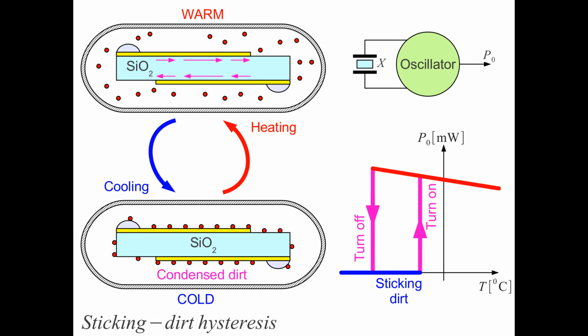So what happens with these cheap crystals when they are cooled down to below 0 temperatures? These vapors of dirt actually condense on the surface of the crystal, and they dampen the shear waves inside the crystal, and the loaded Q of the crystal decreases, and the oscillator stops working.